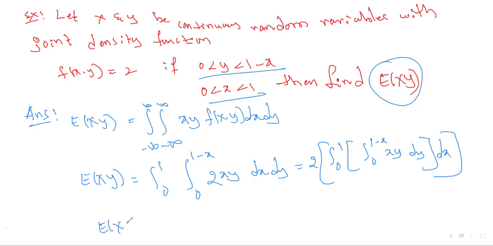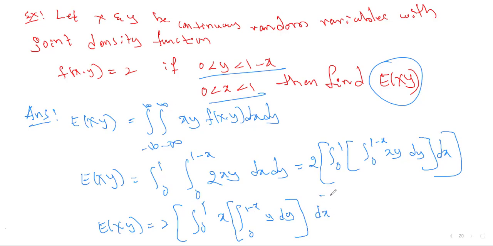So expected value of xy is 2 as it is, integration 0 to 1. I will take x common here because x is independent of the variable y. Now what do we have? Integration 0 to 1 minus x y dy dx, then we close the bracket here, right?